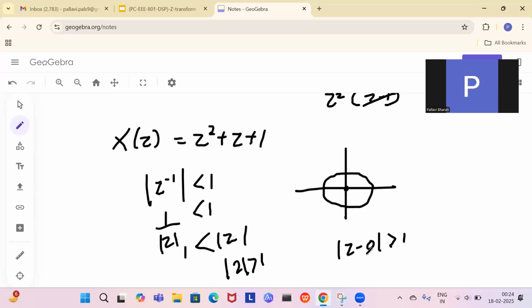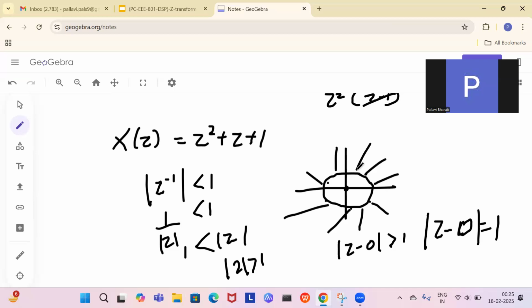If you write mod of z minus 0 equals 1, then z is a complex number signifying a locus of a circle, because from a fixed point 0, the distance of the locus is fixed in every direction you take. So this is 1. That is a unity circle centered at the origin, but the region of convergence is outside this.